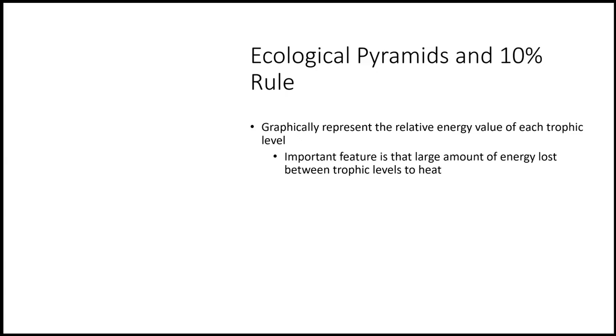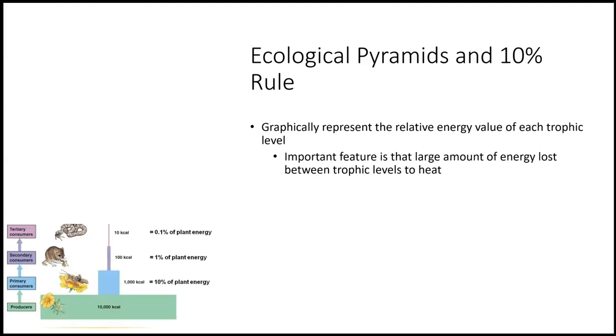So sometimes we will graphically represent the 10% rule in pyramids. There's what's called a pyramid of energy, which shows the amount of energy at each trophic level. And you'll notice the 10% rule applying there. For each successive trophic level, 90% of the energy is dispersed or put out into the universe as heat or low quality energy. 10% remains, and so on up.